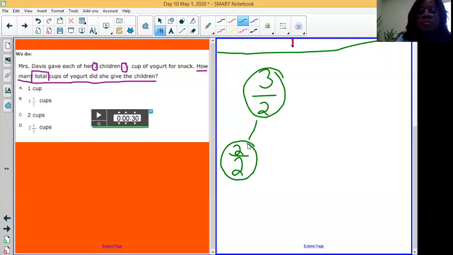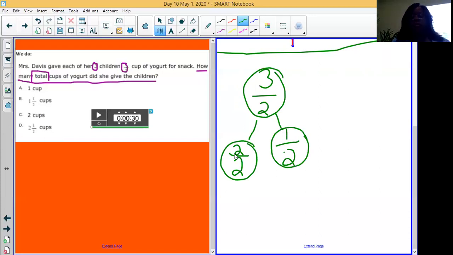So 2 over 2 from that 3, 2 leaves me with 1/2. So when I add 2 over 2 plus 1 over 2, so 2/2 plus 1/2 gives me 3/2. That's how I break it down. So when I look at what I have, I know 2/2 is the same as 1 whole plus the 1/2 I have gives me 1 and 1/2. Okay? So either strategy could work.